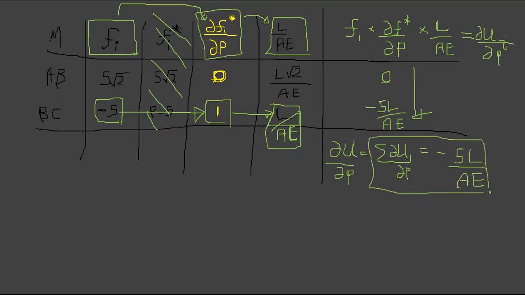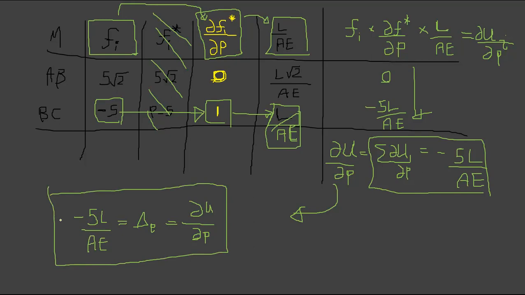So this is the sigma of each member. So that gives you the total strain energy differentiated with respect to the virtual force in that way, right? So that is going to be your deflection, in that way. So what's that? Minus F L over AE.